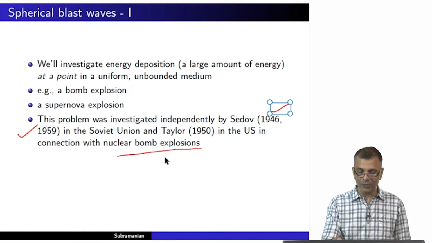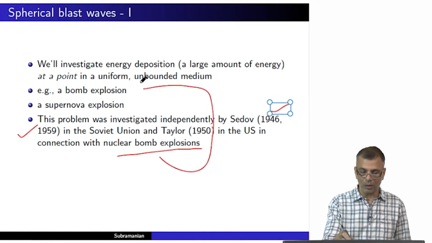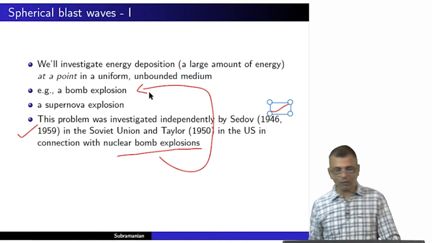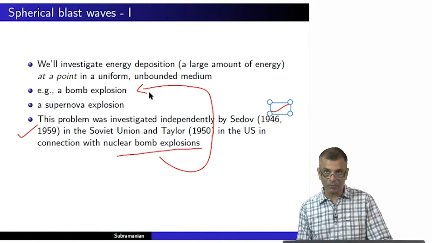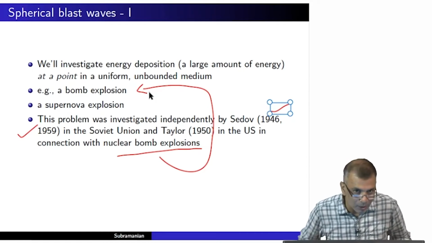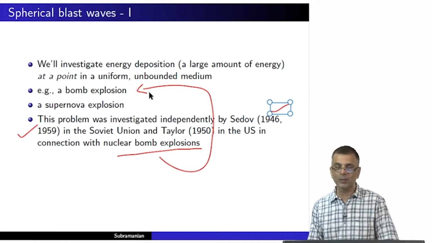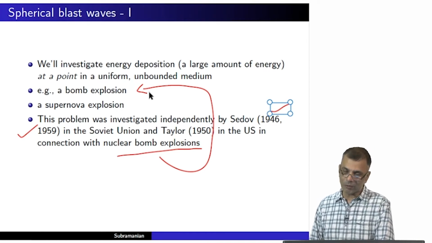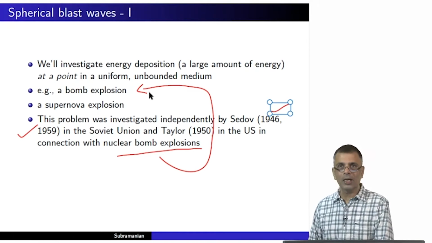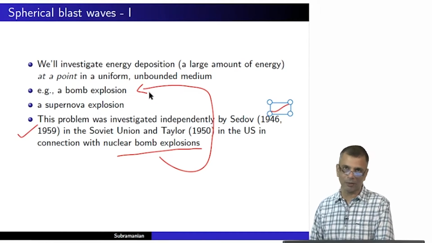So really, this is what drove much of this kind of research, research into nuclear bombs. The people who understood bomb explosions also recognized that supernova explosions would probably involve the same kind of physics.